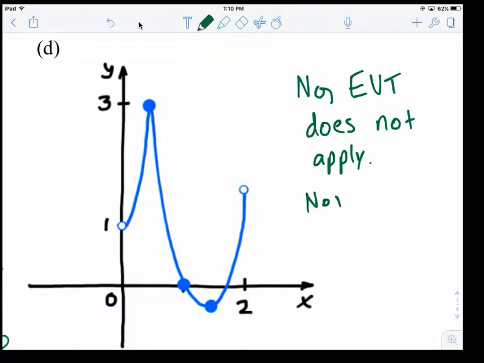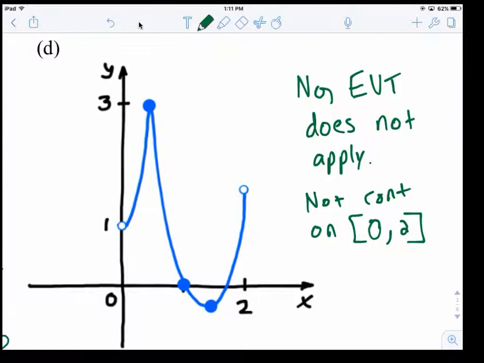So it's not continuous on the closed brackets from 0 to 2. Again, if I filled that point in, then it would be a continuous function on the closed interval, and then we would be good to go.